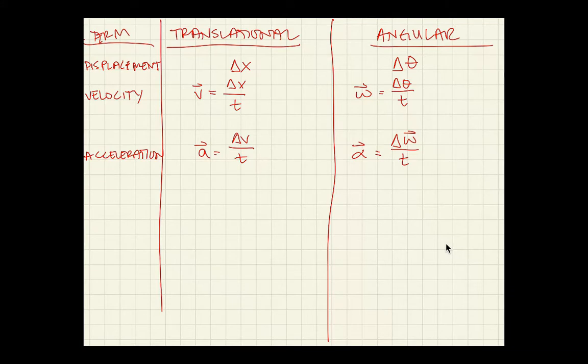So this is the basics of kinematics for angular. It works exactly the same way as translational, just we have these different descriptors of the motion itself. So instead of defining position as a change in location, we're describing position as a change in angle.